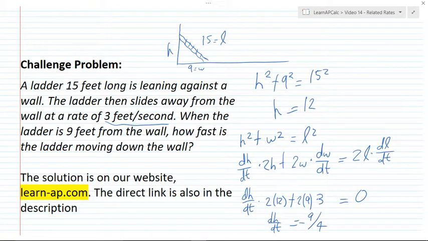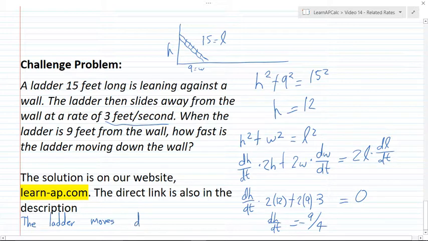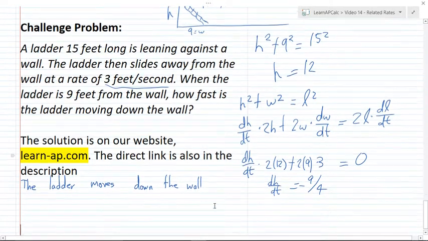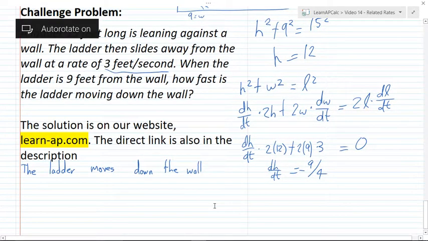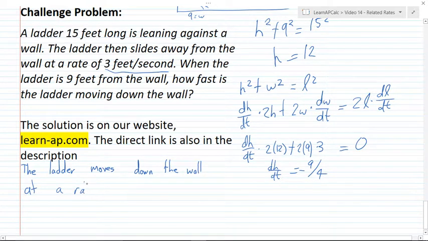So we have to say the ladder moves down the wall at a rate of minus 9/4 feet per second.